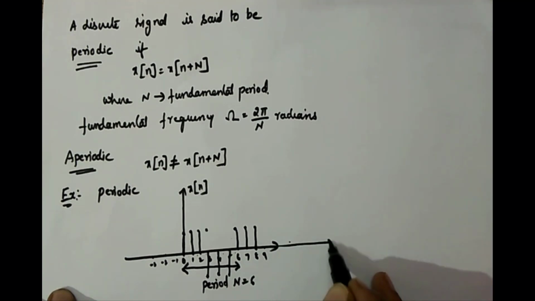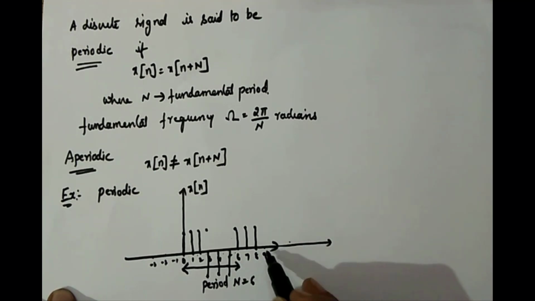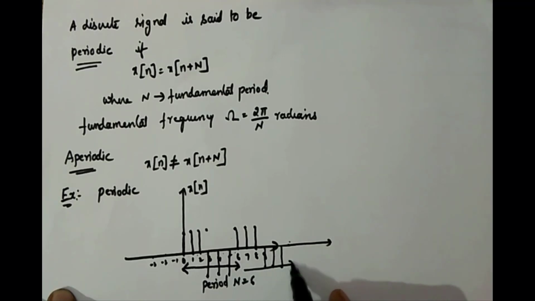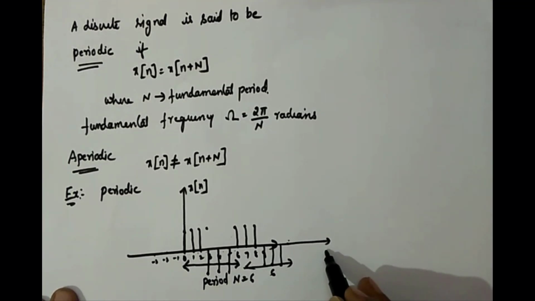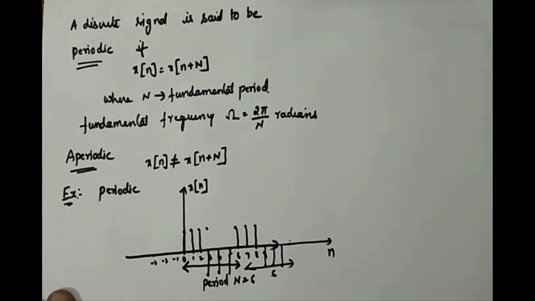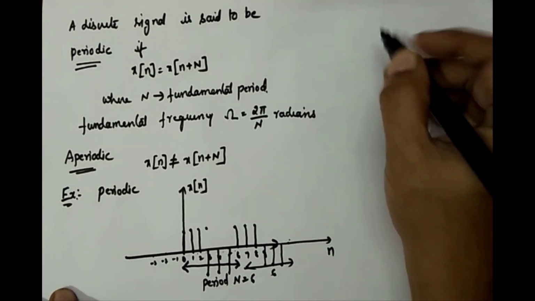Suppose we extend this like this, you're going to get the signal like this. What about this period again? Again 6. It means the signal is repeating after every N. So that is called a periodic signal or periodic sequence.